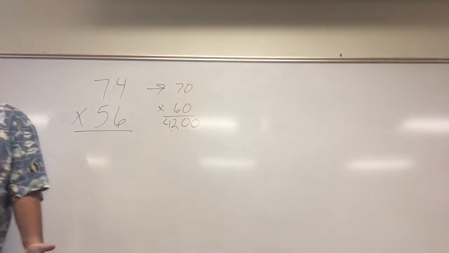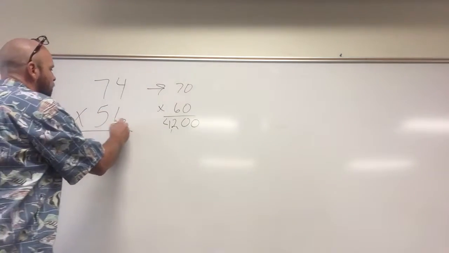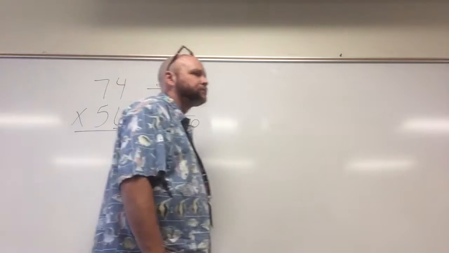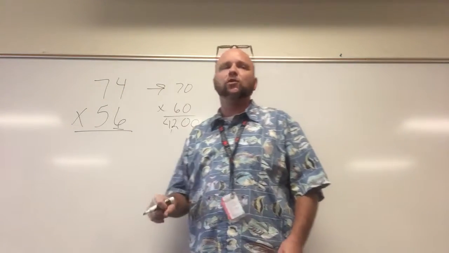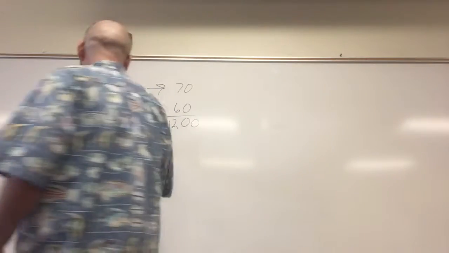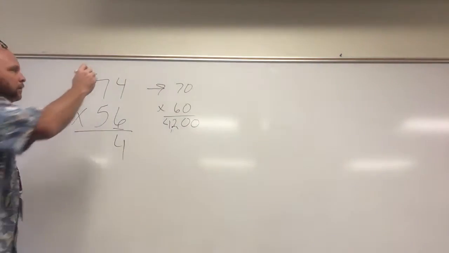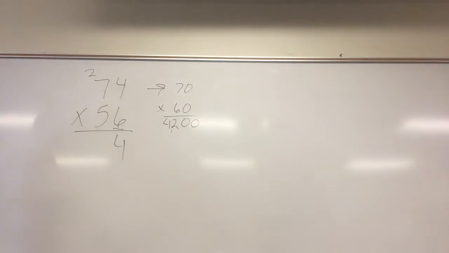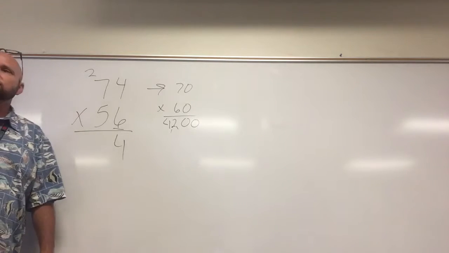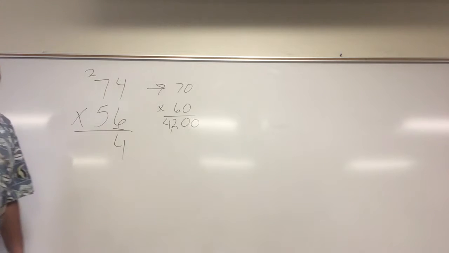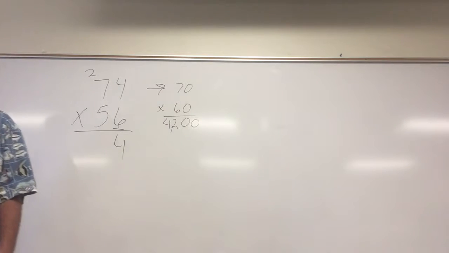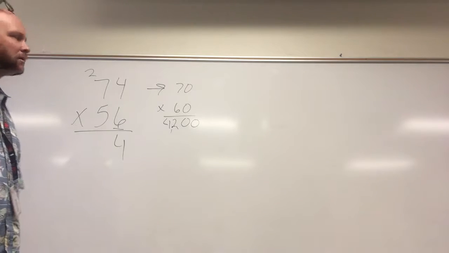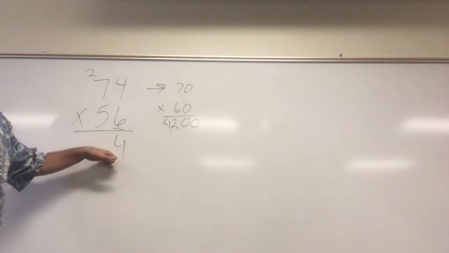So now, when multiplying, we start with our ones place. We multiply 6 times 4 first, which is 24. I'm not answering questions now. All right, so we put our 4 in the ones place.